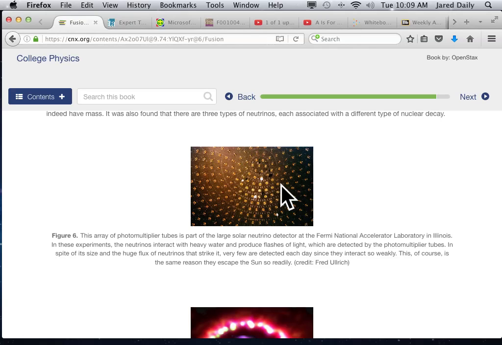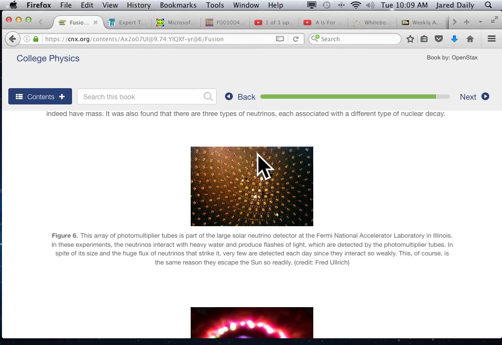It's very difficult to detect neutrinos. This is one of the only methods to detect neutrinos. Another method involves using the Earth to detect them. You actually have these photomultipliers underground in caves. And they're just very difficult to detect. And so this is one of the reasons that we think that neutrinos might be what dark matter is.